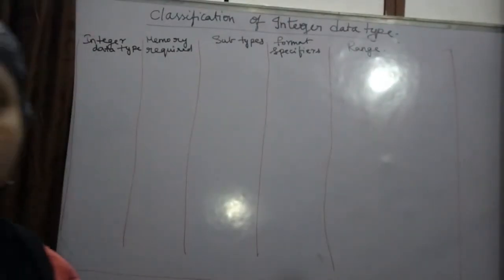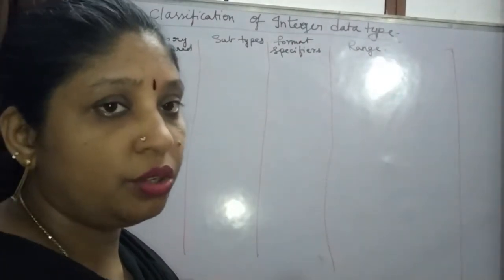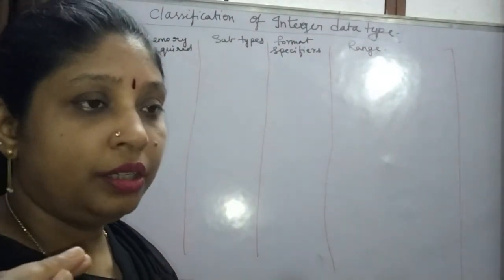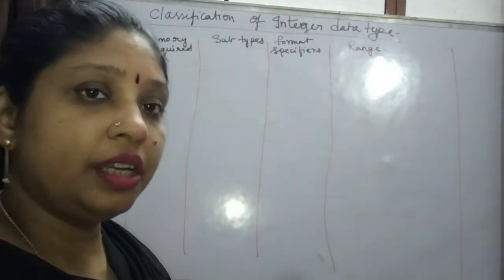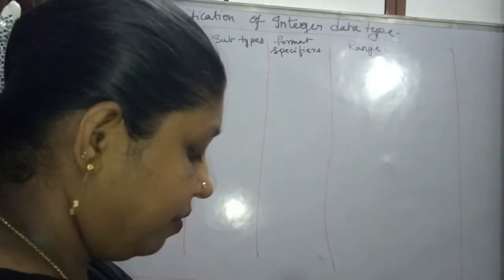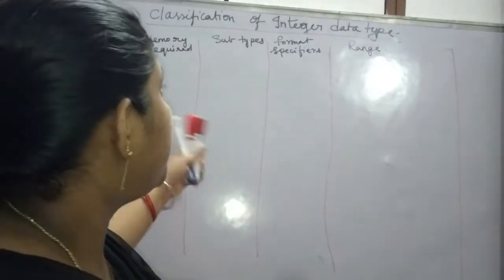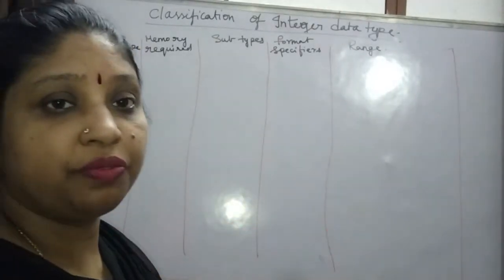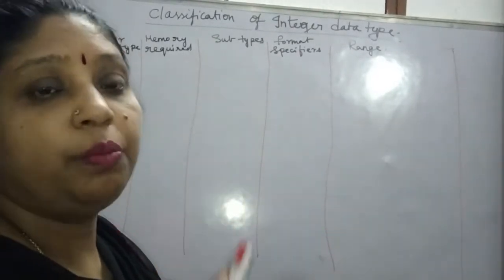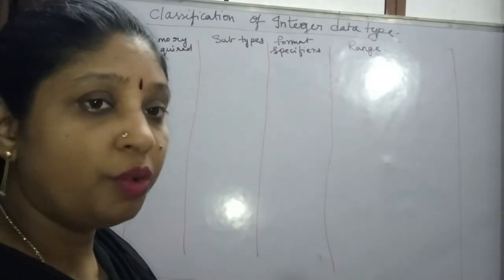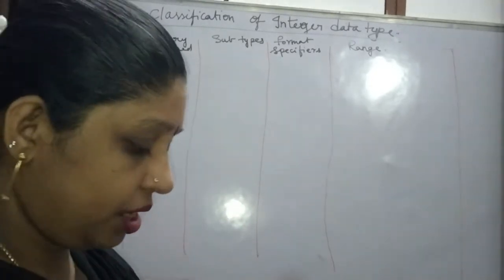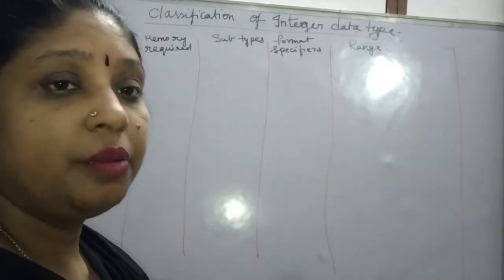Short, int, long. These are the 4 data types under the integer data type. Now I will discuss all these 4 data types: the memory, subtypes, format specifiers, and range. I will show all those things clearly in tabular form so that it will be easily understandable by you.